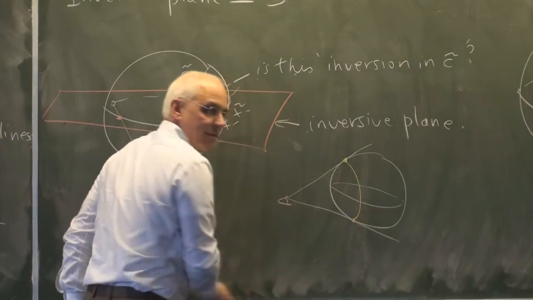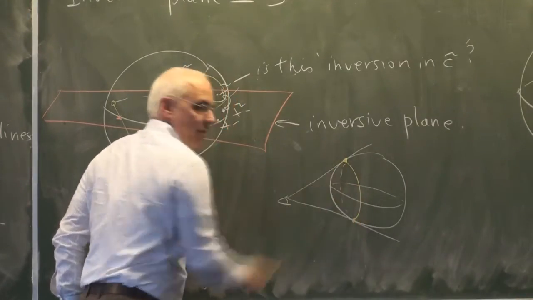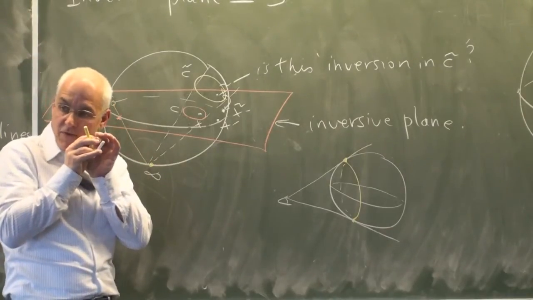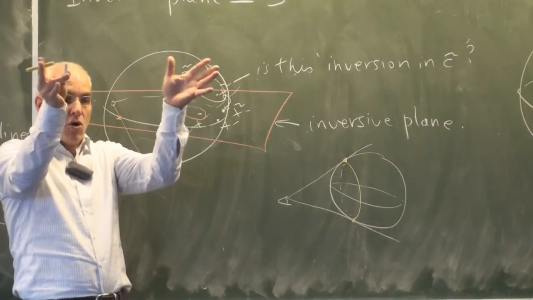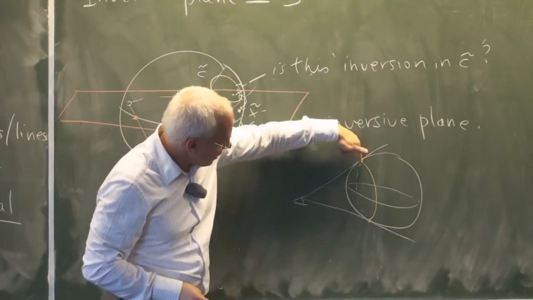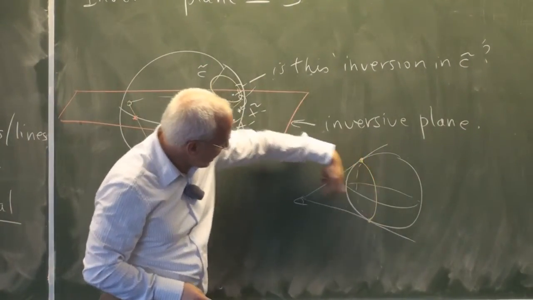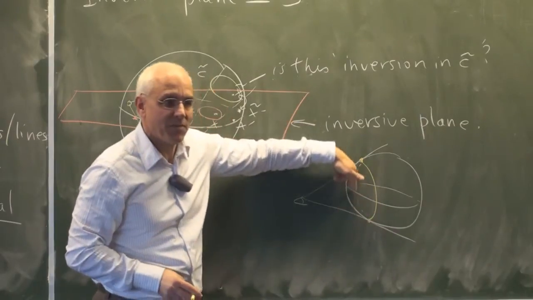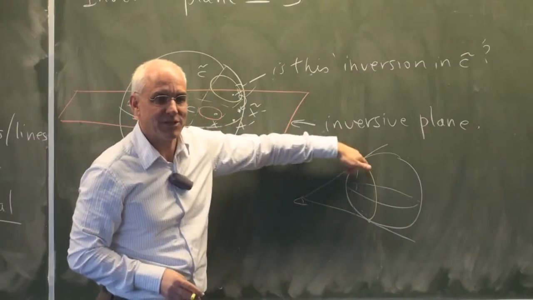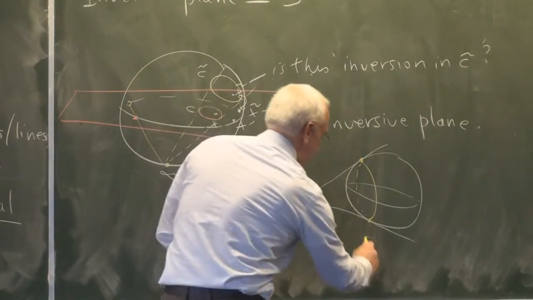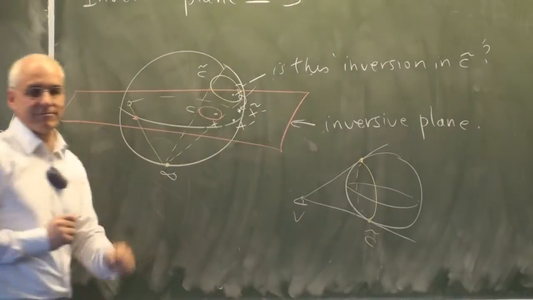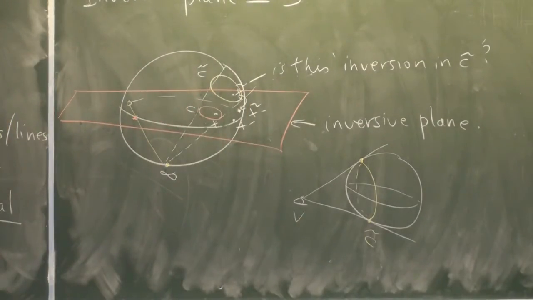Do you agree? Mm-hmm. It's exactly a cone, the cone that you get by starting from your eye and the smallest cone containing the sphere. So that point will then be the vertex of the cone generated by that circle. That's the relationship between the circle C tilde and the cone's vertex V.